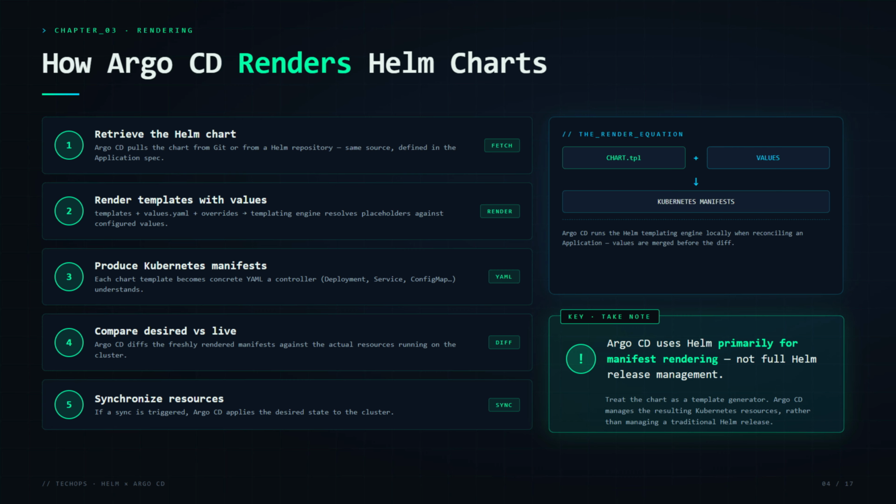Argo CD uses these rendered manifests as the desired state and compares them with the resources running in the cluster. If a sync is triggered, Argo CD applies the desired state to the cluster. The important point here is that Argo CD uses Helm to render the chart. It is not managing the traditional Helm release with helm install or helm upgrade. Argo CD manages the resulting Kubernetes resources as a part of the GitOps workflow.